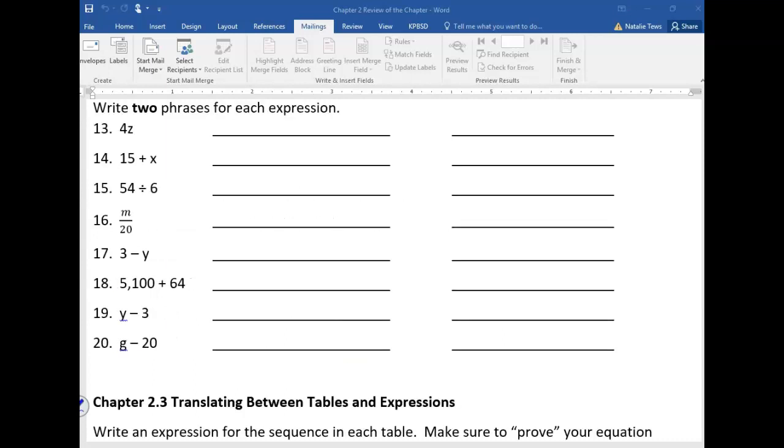Okay, on this one, it says to write 2 phrases. Anytime you see the word phrases, I want you to think words. Okay? So let's come down. I'm going to do number 20. Okay, it's a subtraction one. Since it's subtraction, the order matters. I have to have it in the right order or I could get it wrong. So let's say I want to use the words less than.